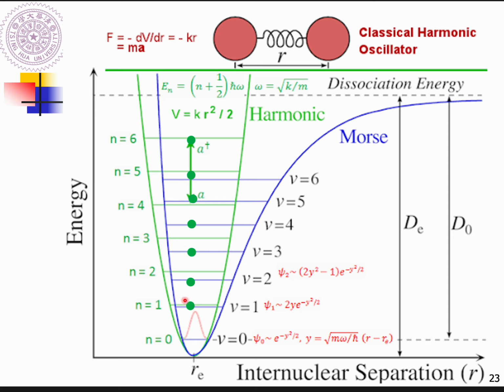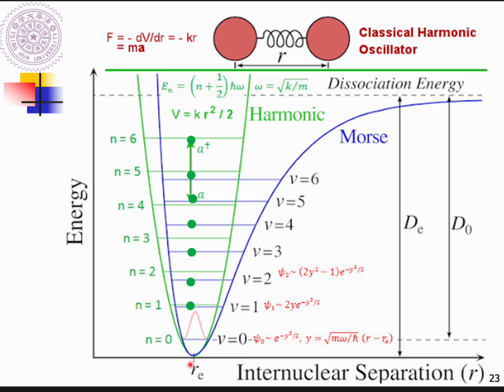But this is not correct, right? So following this, let's modify the law or principle we call the Mohs principle. It tells you that the energy curve is not the symmetric one, it's an asymmetric curve shown in the blue line.